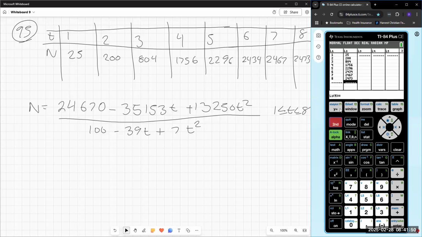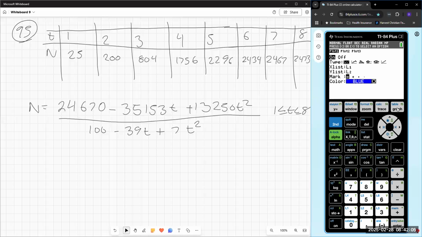So we want to second stat plot, turn plots on, and we want a scatter plot with X being L1, Y being L2, and just use that first kind of mark. It doesn't matter what color you make it if you have colors, and just there's the plot.